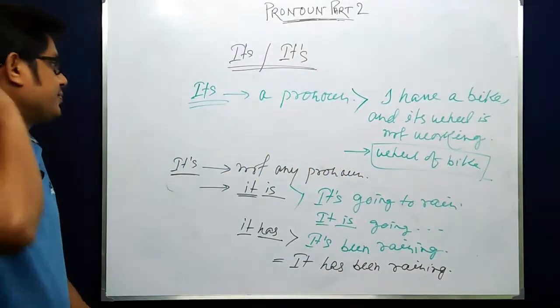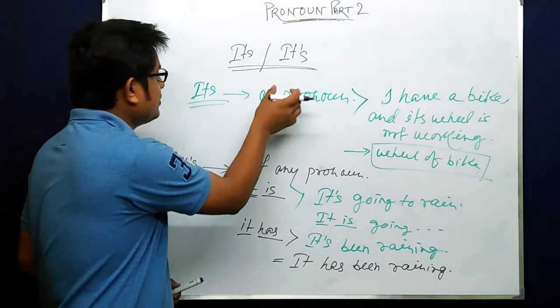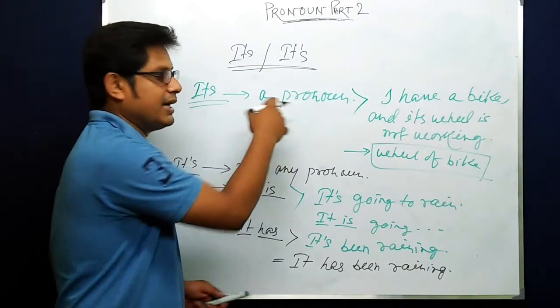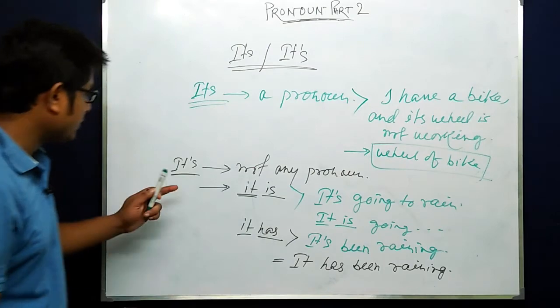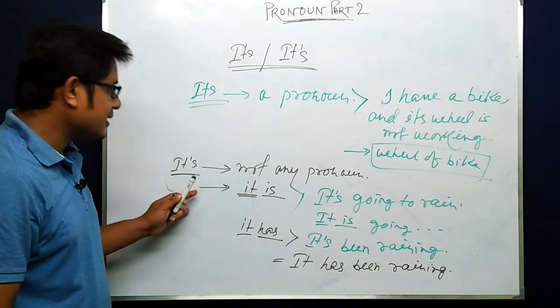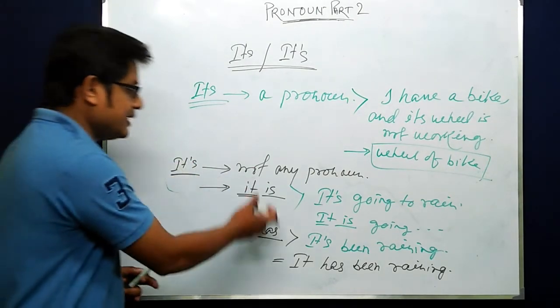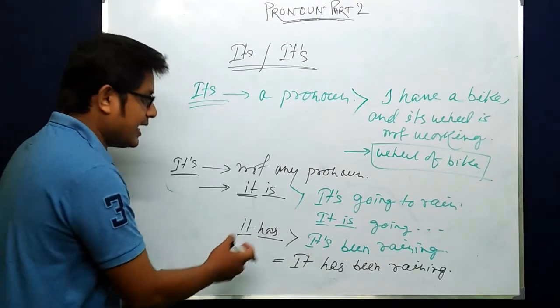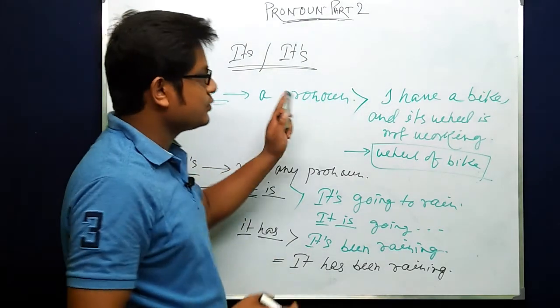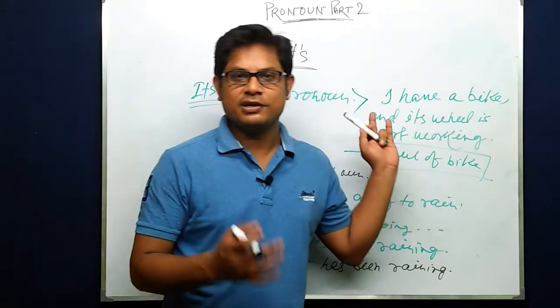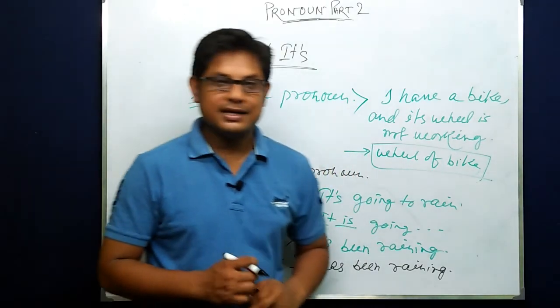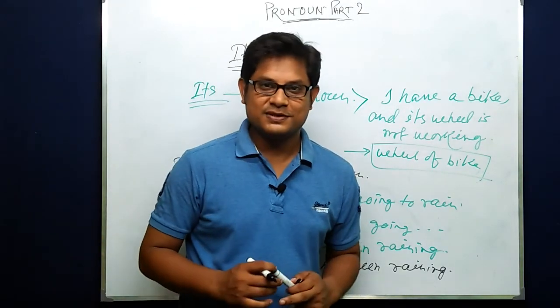Clear? So this is the process. When you write without apostrophe s, it is used as a possessive pronoun. But whenever you use it apostrophe s, it can mean it is, or sometimes it has. So this is the difference between these two. You have to remember it whenever you use it in your sentence, right? I hope this problem is also solved.